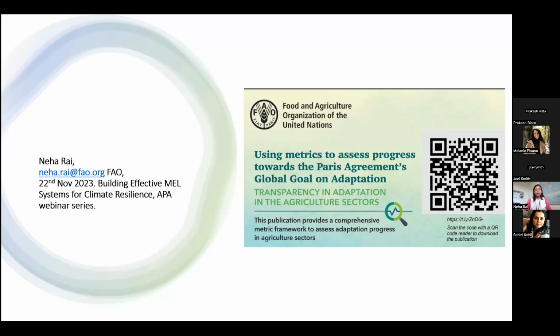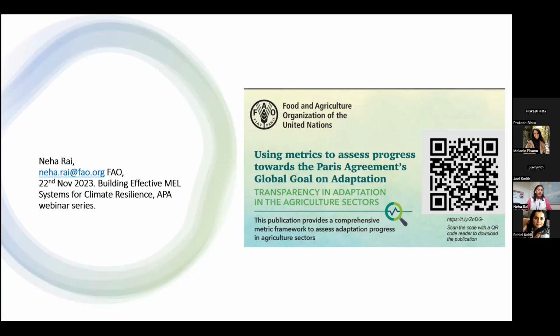And lastly, we also know that the attempts at demonstrating progress towards this very vaguely worded goal have been challenging. There are methodological challenges, there are conceptual challenges, there are political challenges that the Glasgow Sharm el-Sheikh work program aims to address.